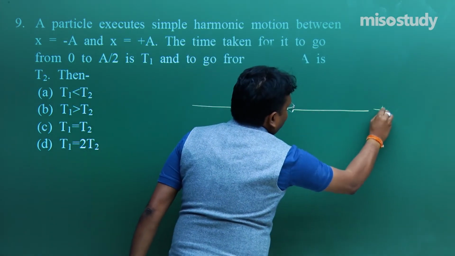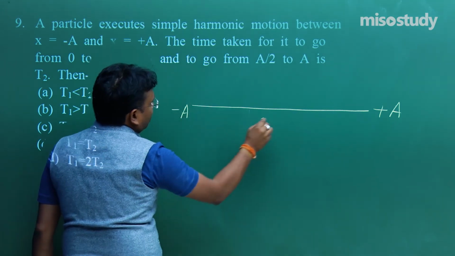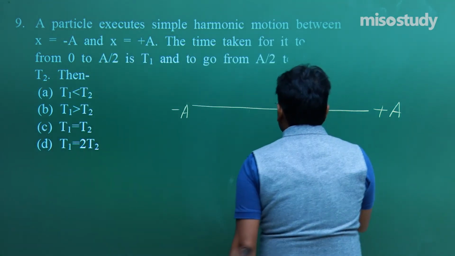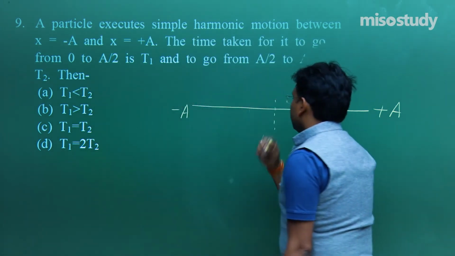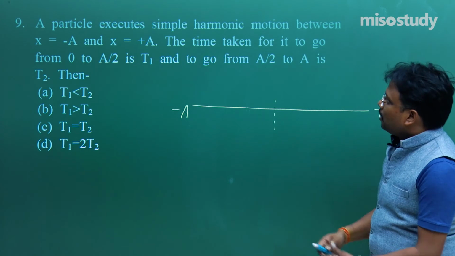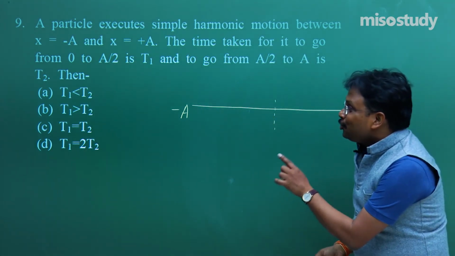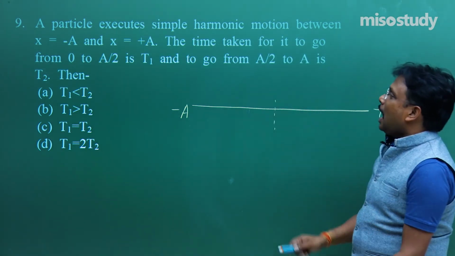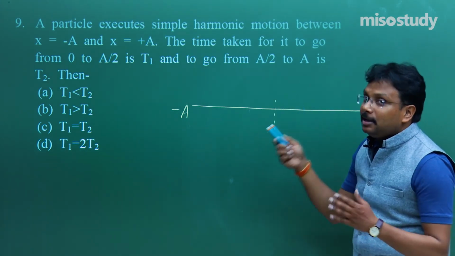Okay, it is plus a, it is minus a, and this is your x axis. Let's say it is the origin point. The time taken for it to go from 0 to a by 2 is t1, and to go from a by 2 to a is t2.